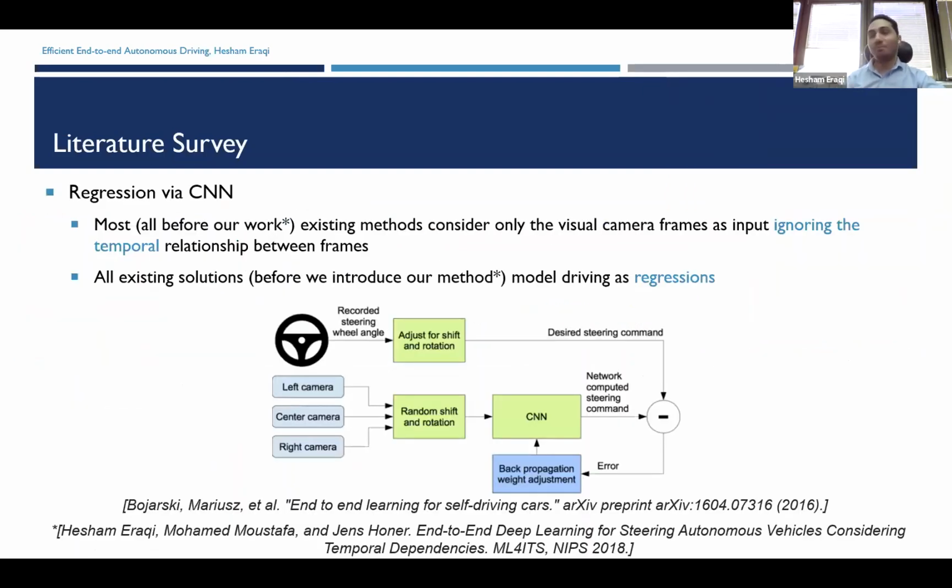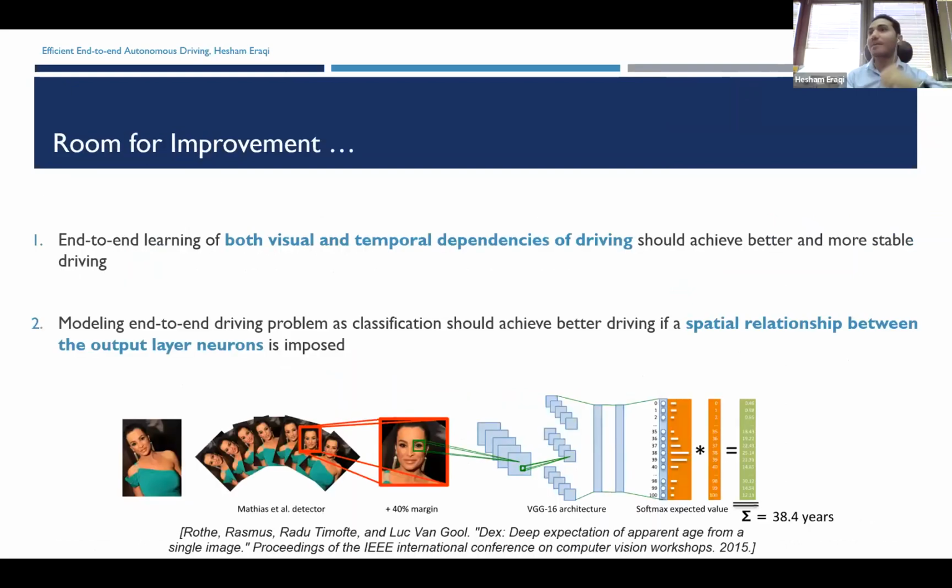So as I said, the majority of end-to-end approaches tackle the problem as a regression problem. Usually the end-to-end approach relies on a convolutional neural network, which is computationally expensive, so they try to avoid learning temporal dependencies through LSTM and things like this. There is room for improvement there.